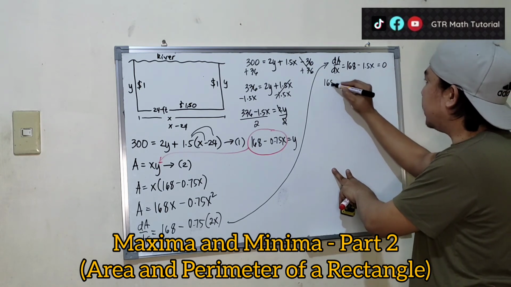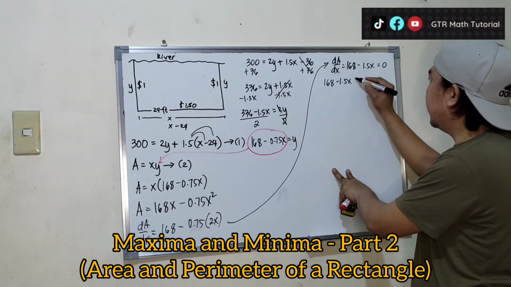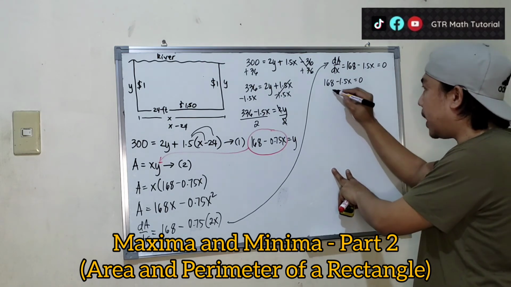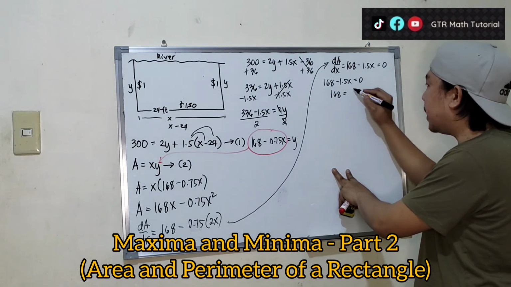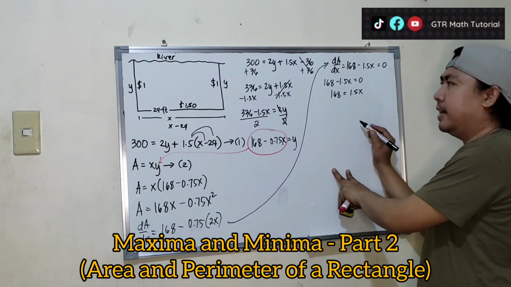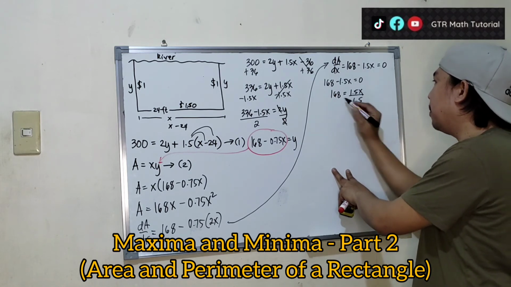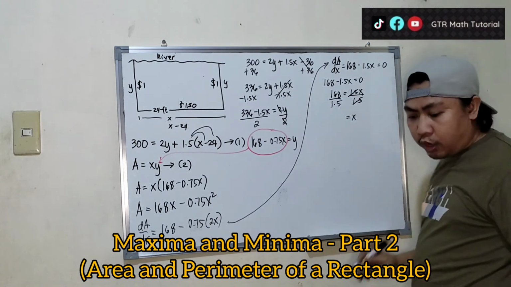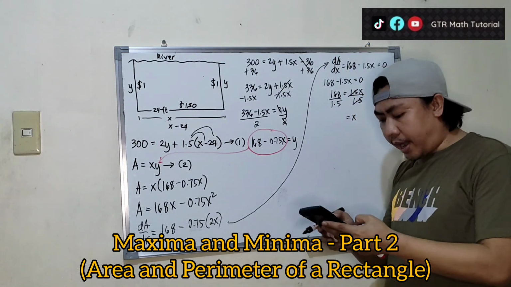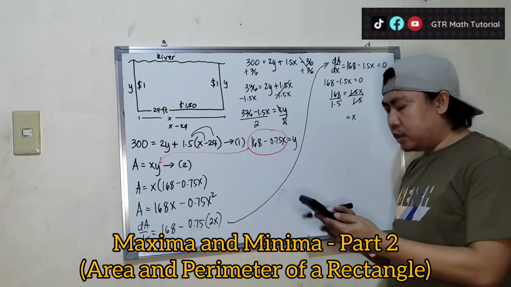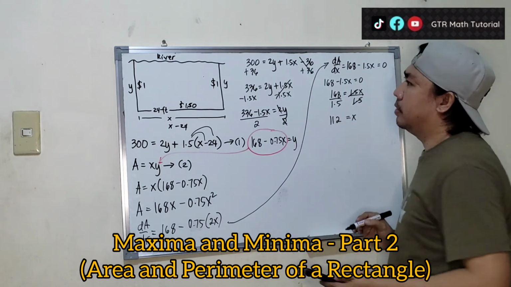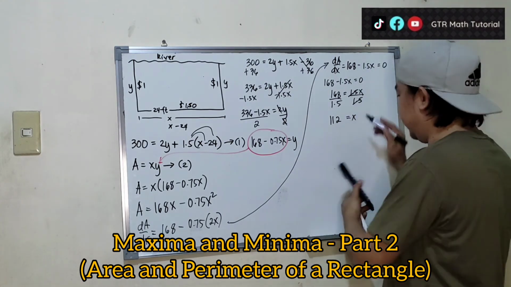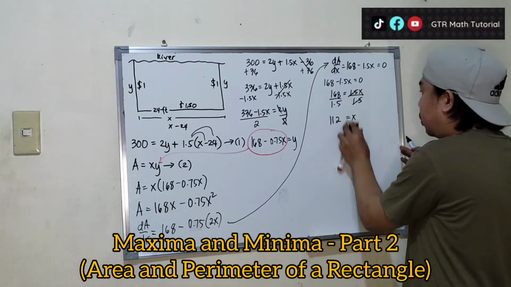So therefore, 168 minus 1.5x equals 0. Add 1.5x to both sides. So therefore, we have 168 equals 1.5x. Then to solve for x, divide both sides by 1.5. So cancel this, that is equal to 1. So therefore, the value of x is 168 divided by 1.5. So we have 112 feet. So x is equal to 112 feet.